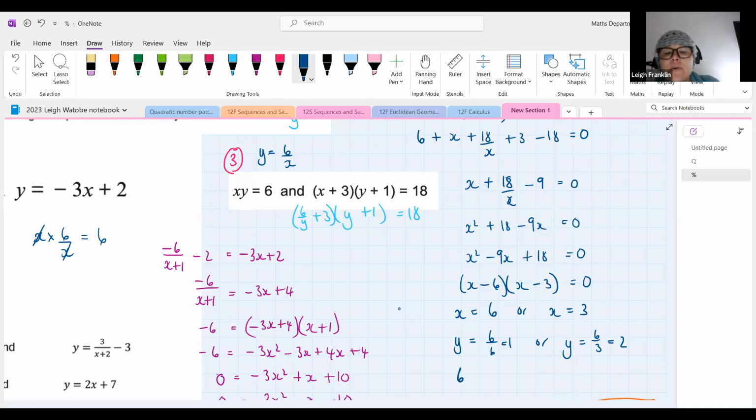Okay, so 6 and 1 is the one pair of coordinates. The other one is 3 and 2, like so. Okay, and that's how you would do question number 3.